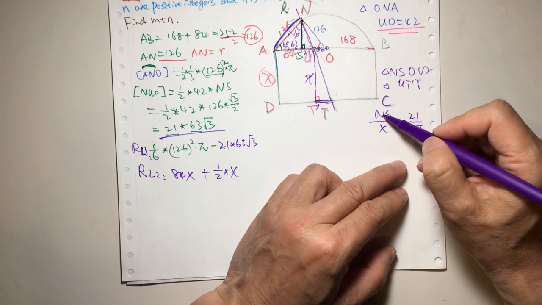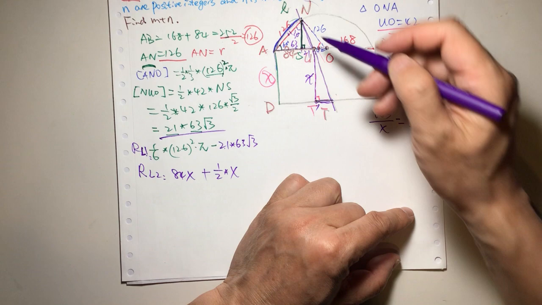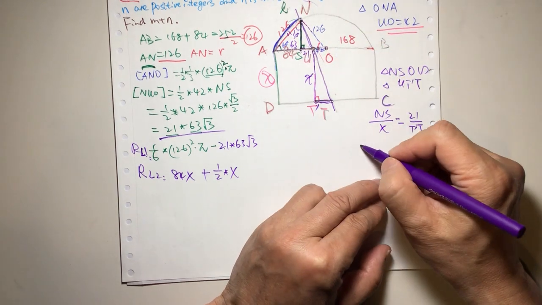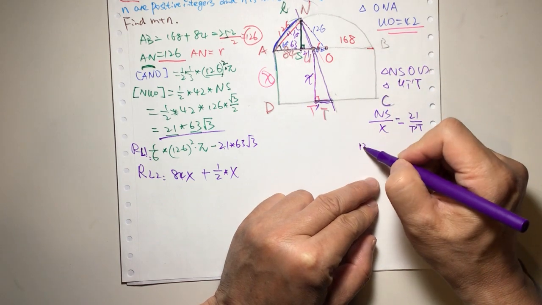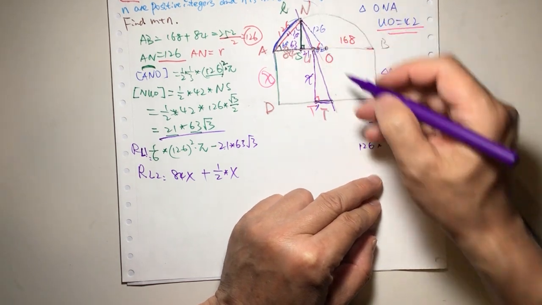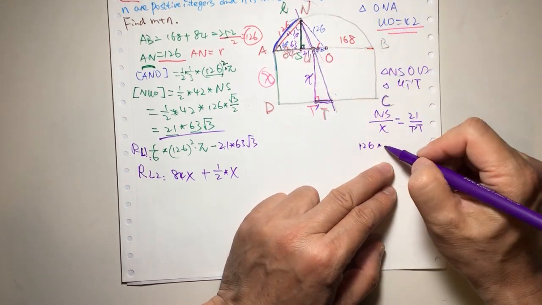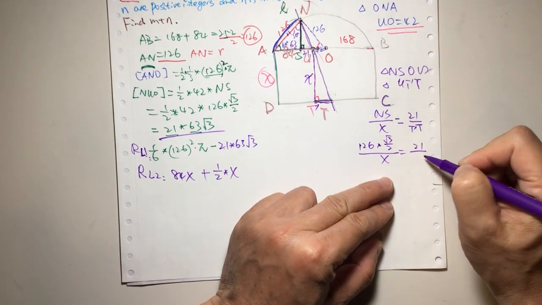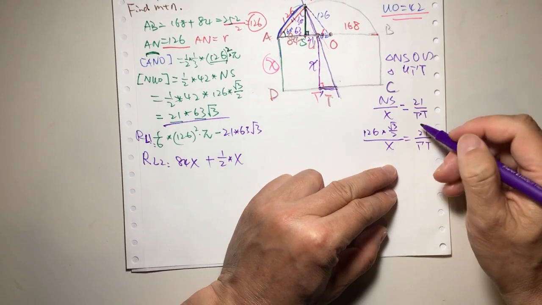Now, NS equals how much? NS we know is 126 times sine 60 degree over x equals 21 over T prime T, right?